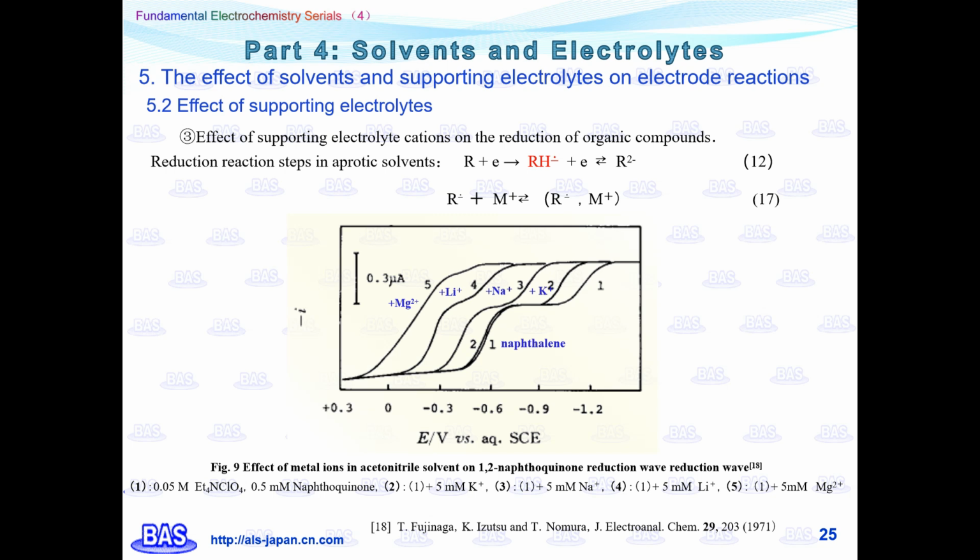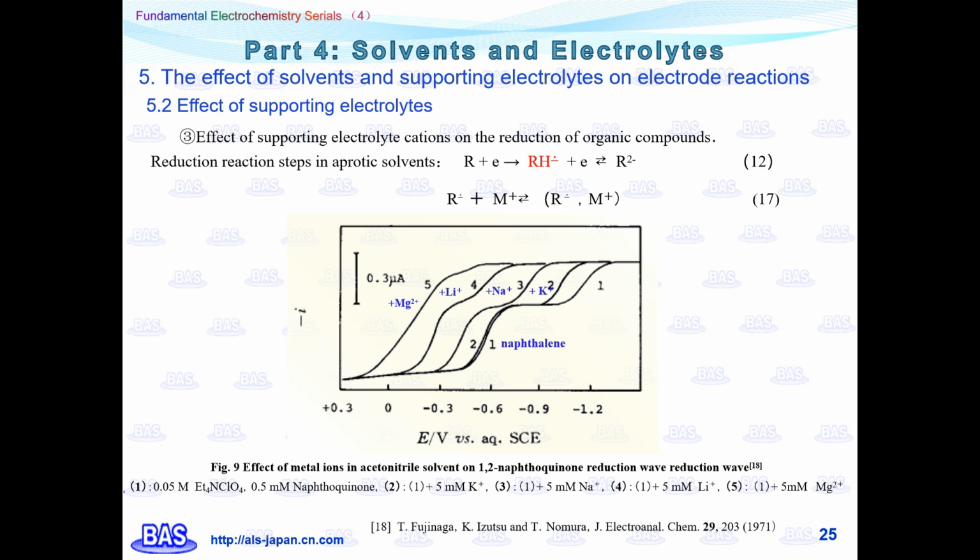In the reaction of the second step, where the anion radical further gains an electron to form a divalent alkyl anion, it will be more susceptible to the influence of the supporting electrolyte cation than the reaction in the first step.